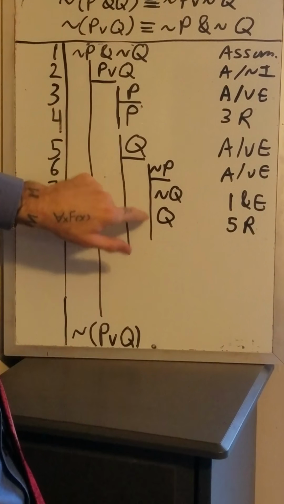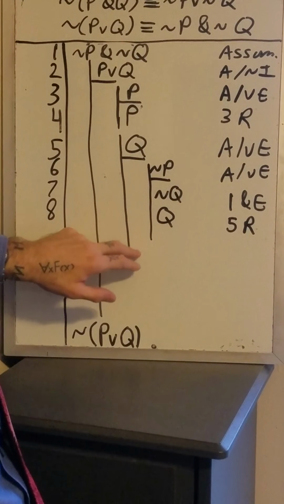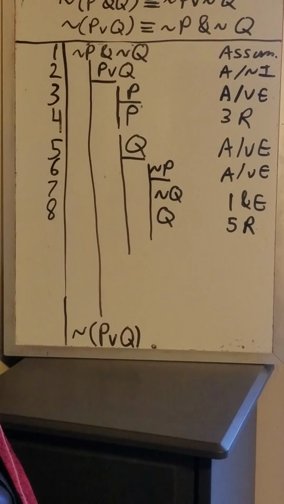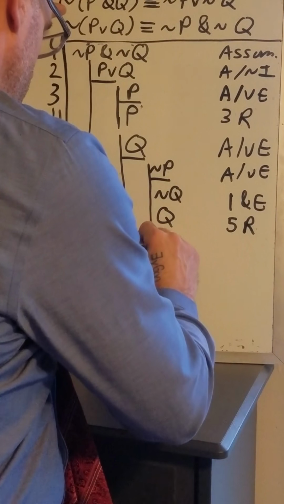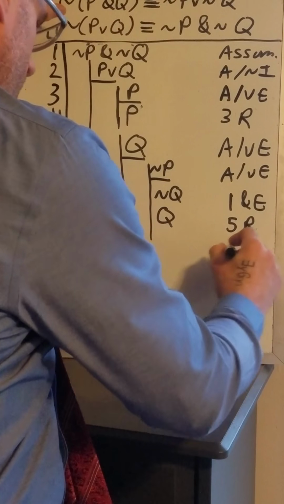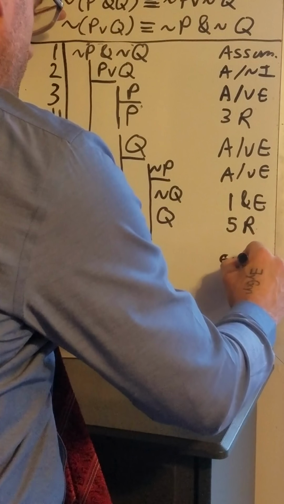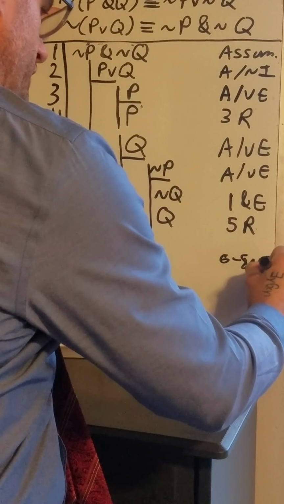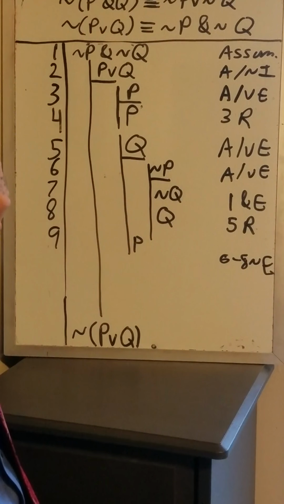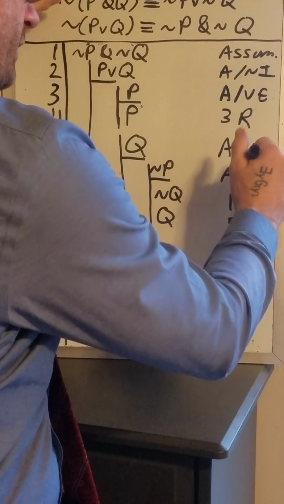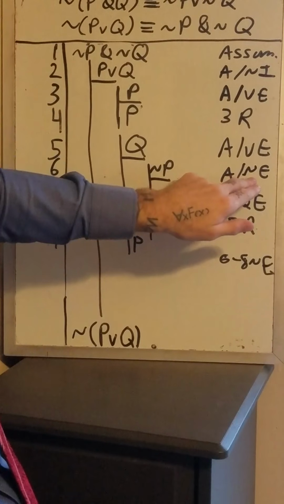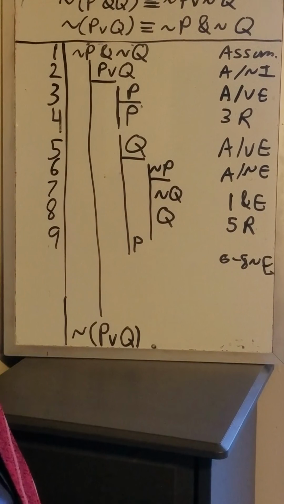So now we have a contradiction. We can close out this subderivation and assume P. That's 6 through 8, negation elimination. Sorry, so that should be a negation elimination, sorry.